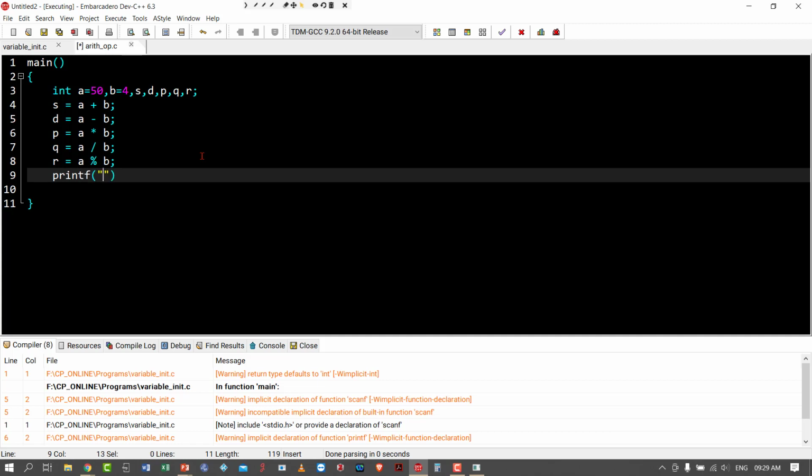How many variables do I have to print? 5 variables. So how many percentage d's are required? 5. Percentage d slash t, one, two, three, four, five.